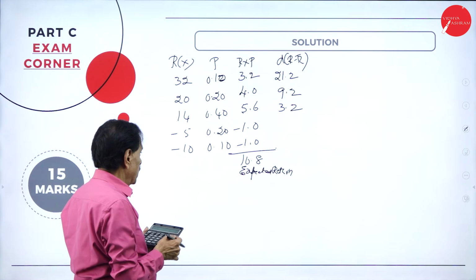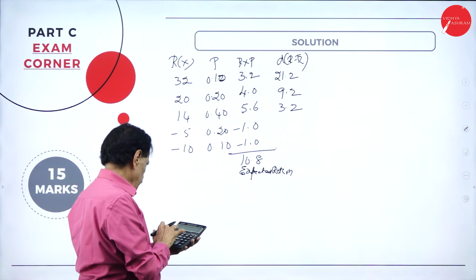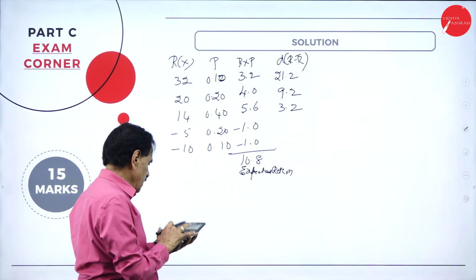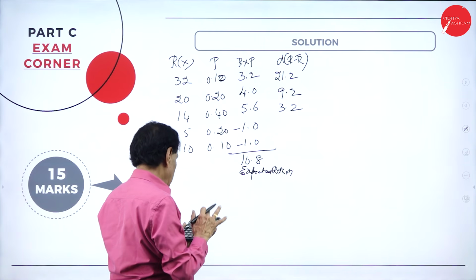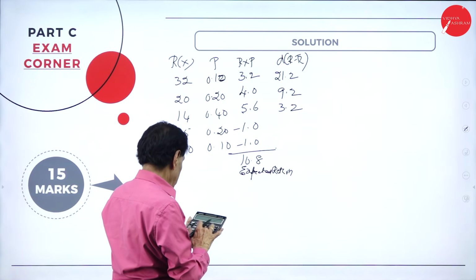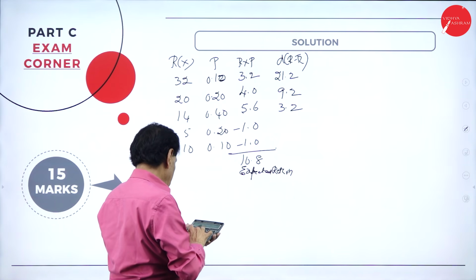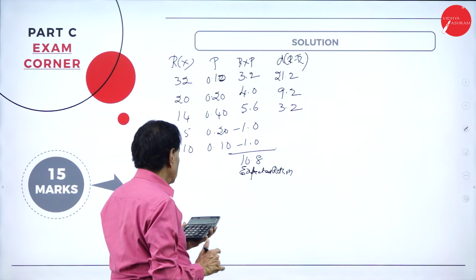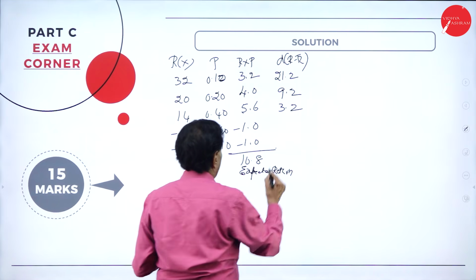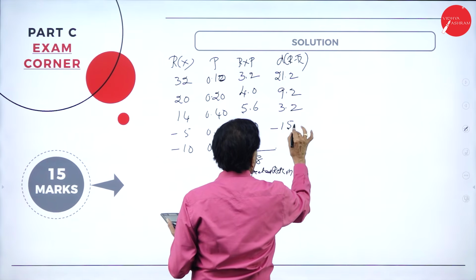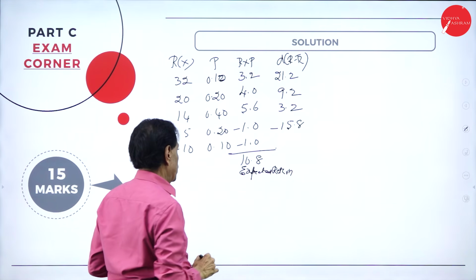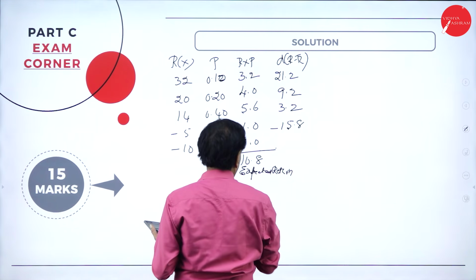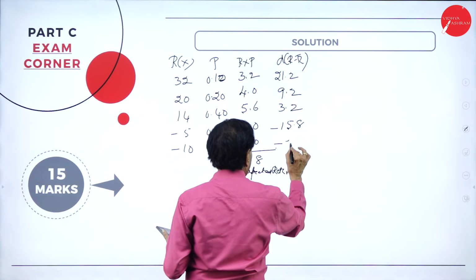Minus 5 minus 10.8 is minus 15.8. Minus 10 minus 10.8 is minus 20.8.